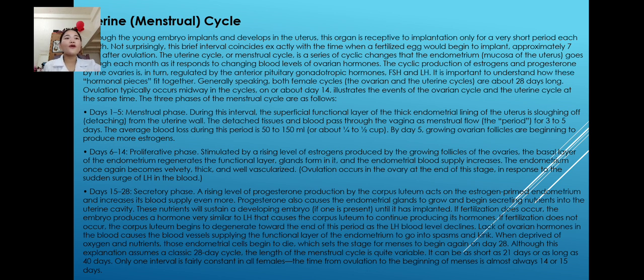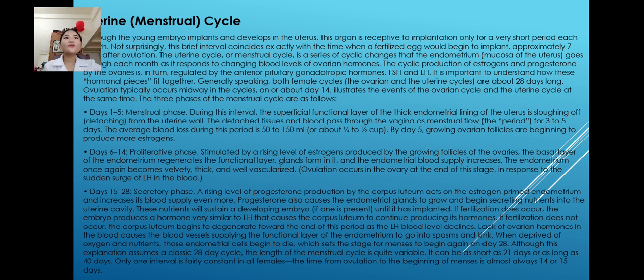By day 5, growing ovarian follicles are beginning to produce more estrogens. Next is day 6 to 14, the proliferative phase. Stimulated by a rising level of estrogens produced by the growing follicles of the ovaries, the basal layer of the endometrium regenerates the functional layer of glands from it, and the endometrial blood supply increases.